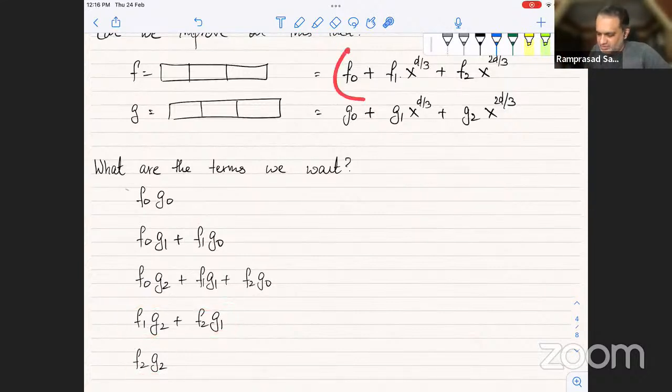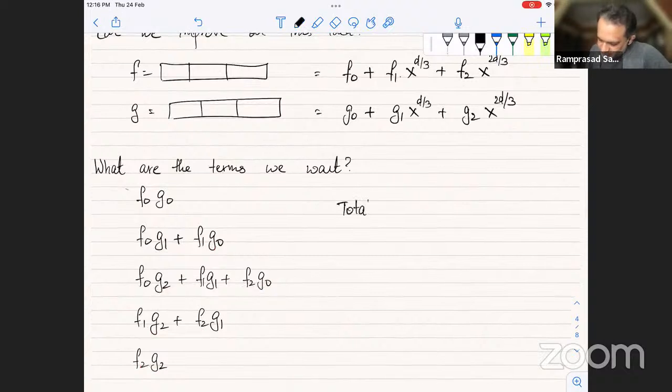So basically, if you did the naive multiplication of these 2 things, you will end up with 9 such terms. And you group them together and you put them at one shot. So there are totally 9 products.